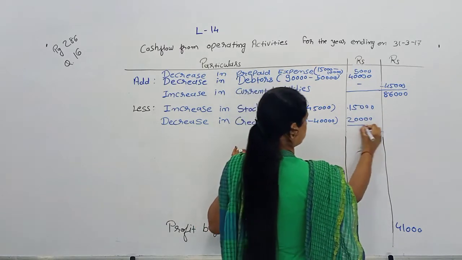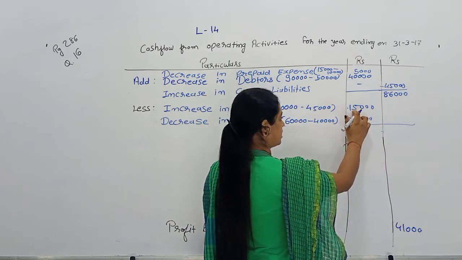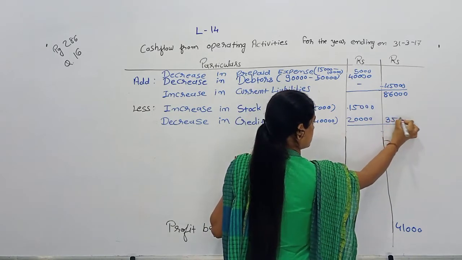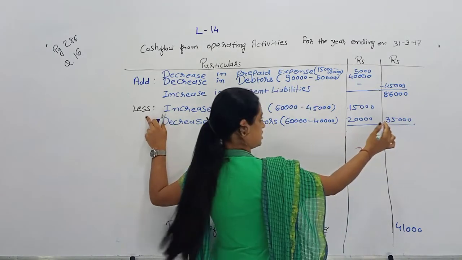Then the total of these two, 20,000 and 15,000, is 35,000. This 35,000 we have to deduct.